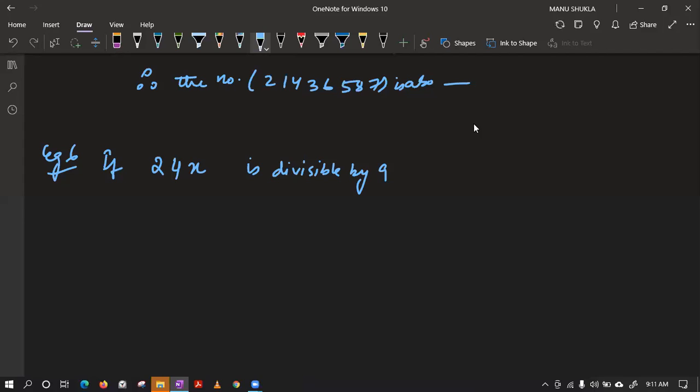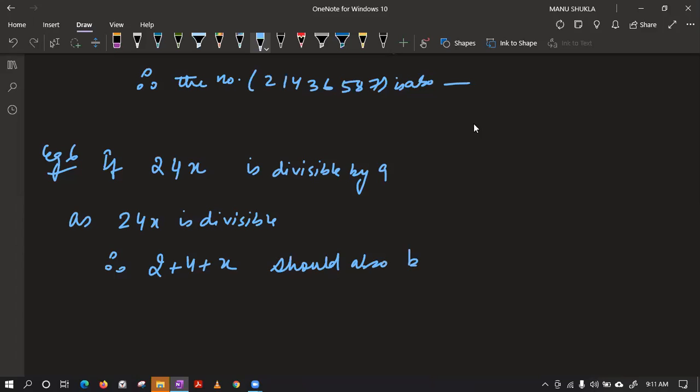It is given to you that this number 24x is divisible by 9. We have to find what is the value of x. Let us see. As 24x is divisible, therefore 2 plus 4 plus x should also be divisible by 9.